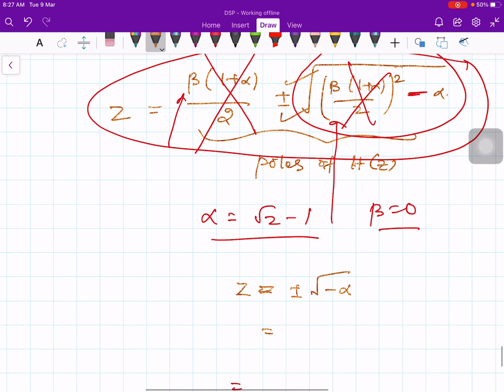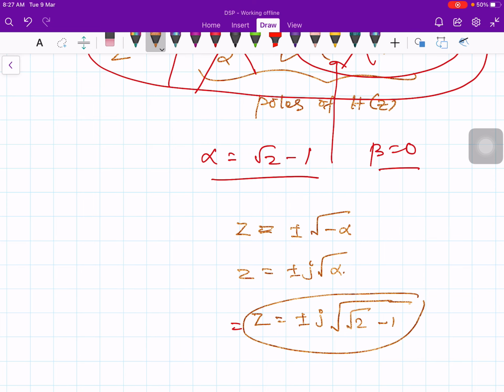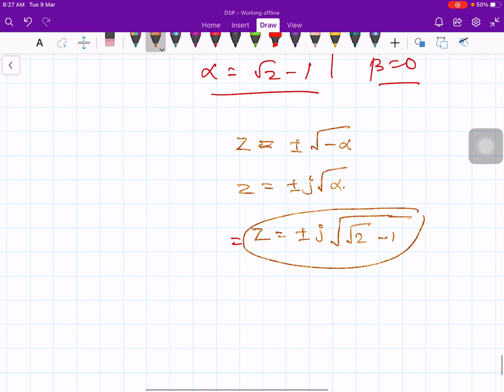I can write plus or minus j times square root of alpha, isn't it? Therefore what is alpha? Alpha is root 2 minus 1. Therefore z is equal to plus or minus j times the square root of root 2 minus 1. So these are the poles of my transfer function.